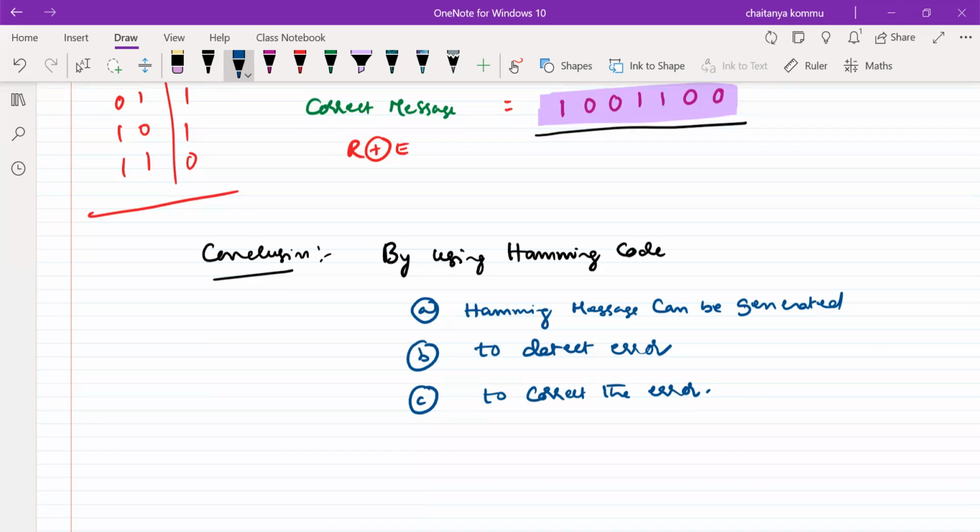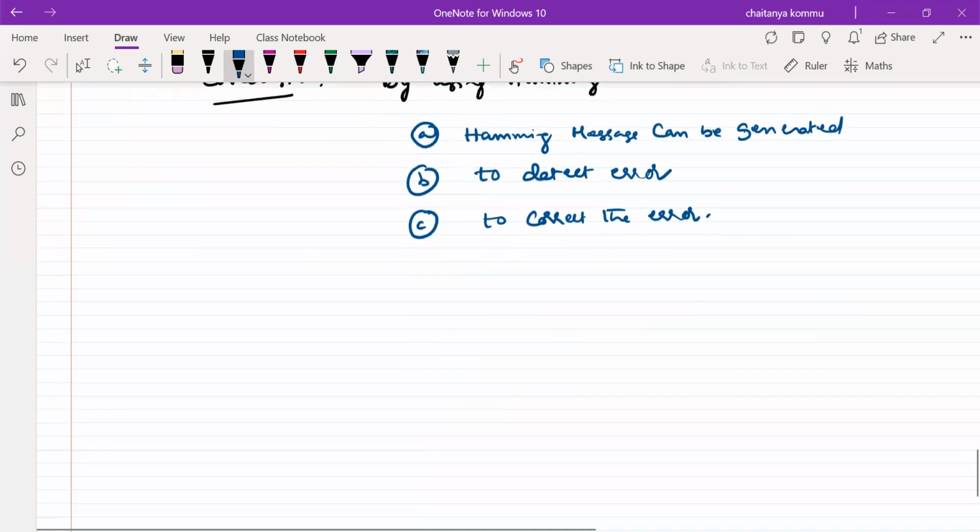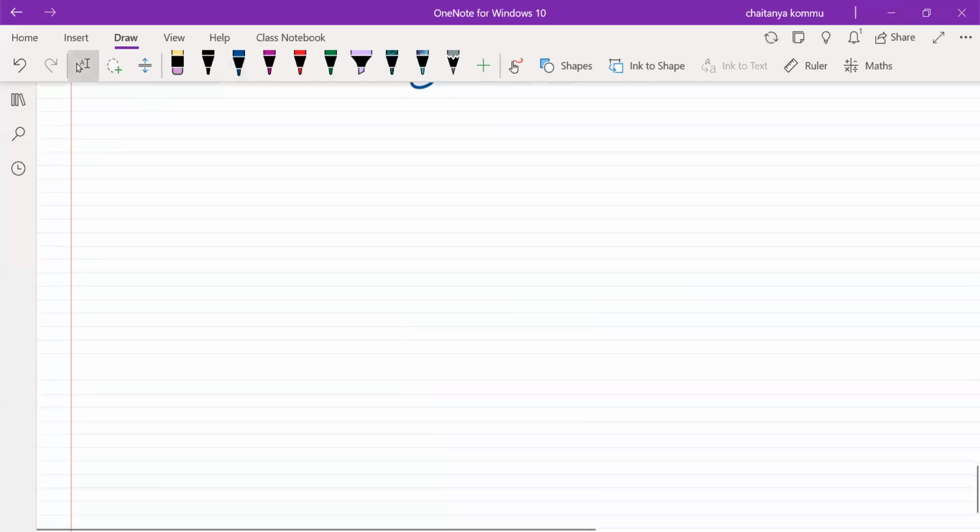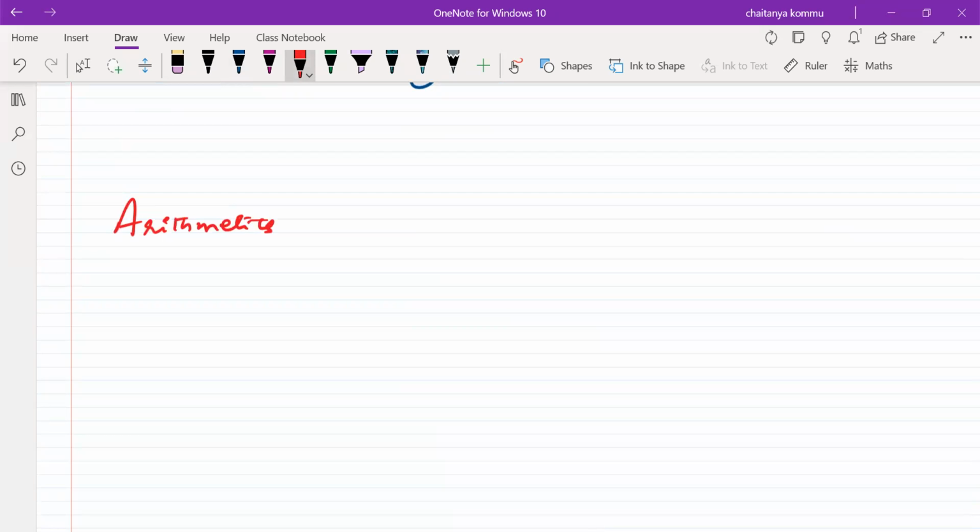Okay, so this is today's topic, and one point I want to discuss from the previous class, quickly here. The next one is arithmetic based on codes. Usually what codes do we normally use to perform arithmetic operations?